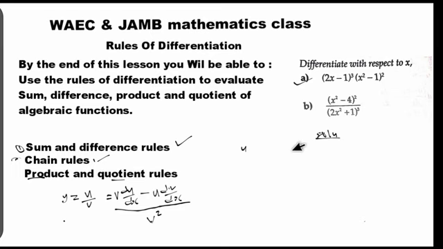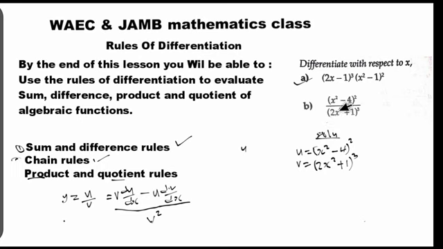Sorry about that. u is equal to (s squared minus 4) all to the power of 2, and our v is equal to (2s squared plus 1) all to the power of 3.